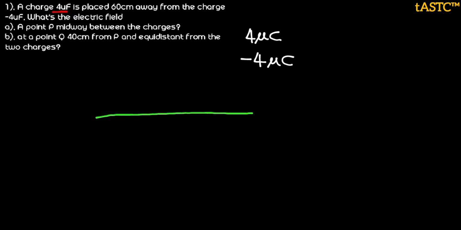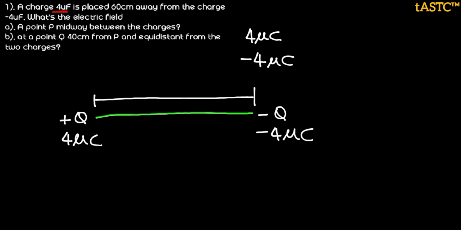On this side I'm just going to write a positive Q here, and here we're going to have a negative Q. Positive Q is going to be 4 microcoulomb, and here is going to be negative 4 microcoulomb. Now the distance between these two charges has been given as 60 cm, so I'm going to write it here.